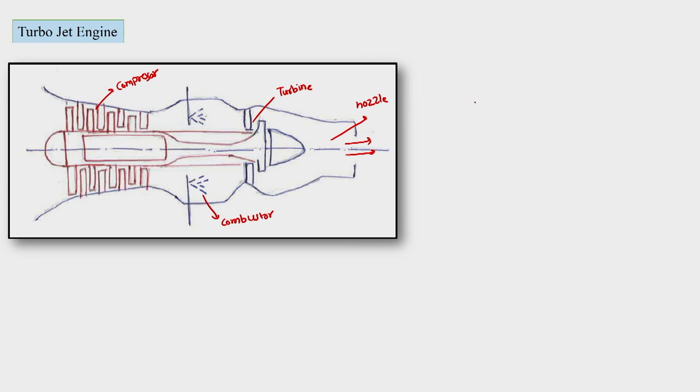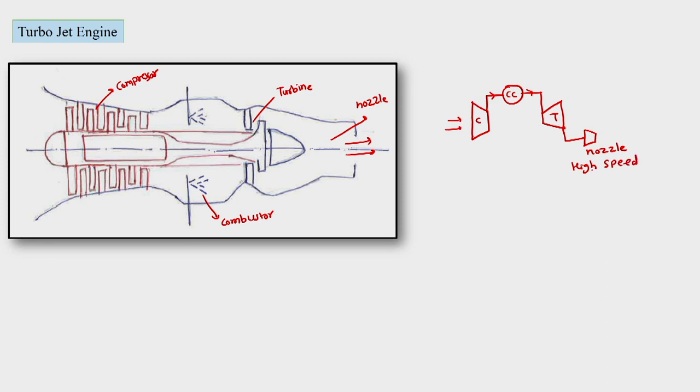And then we can draw the simplest schematic of this engine, where we have a compressor which will take air and pass it to the combustion chamber, and then it will pass to the turbine. After the turbine it will go into the nozzle, where we have this as a high speed nozzle.